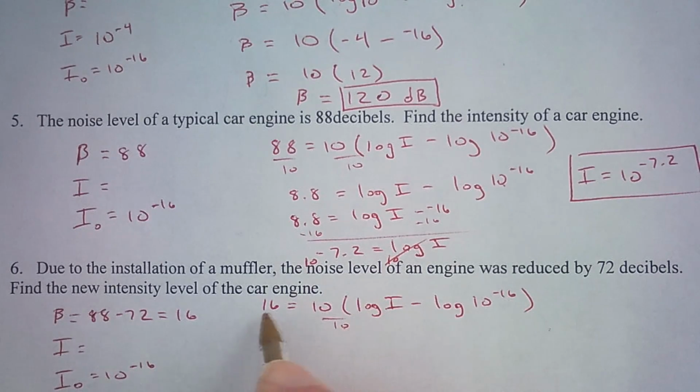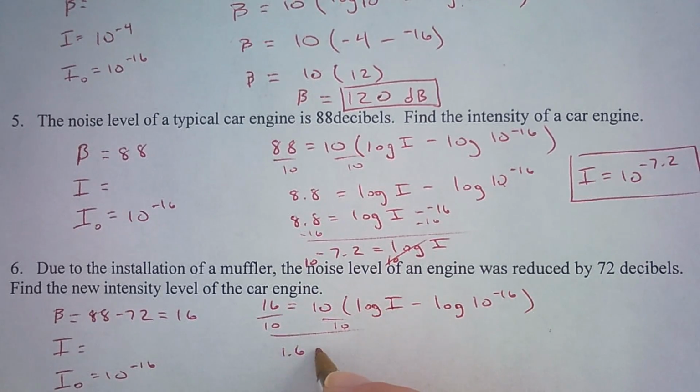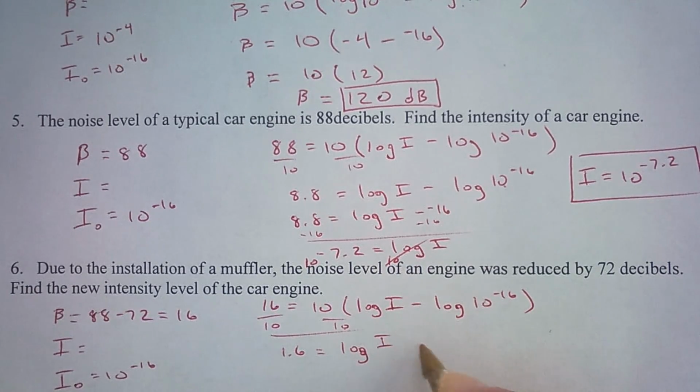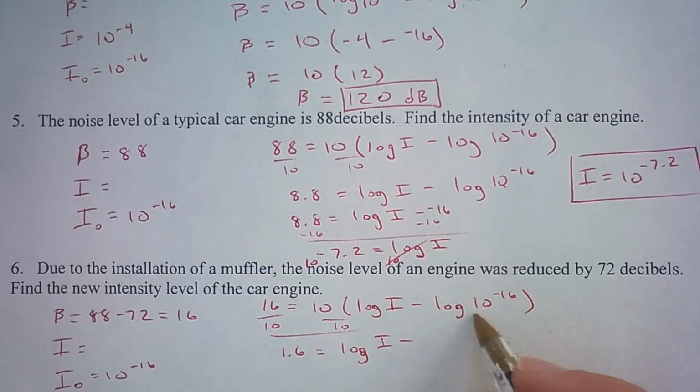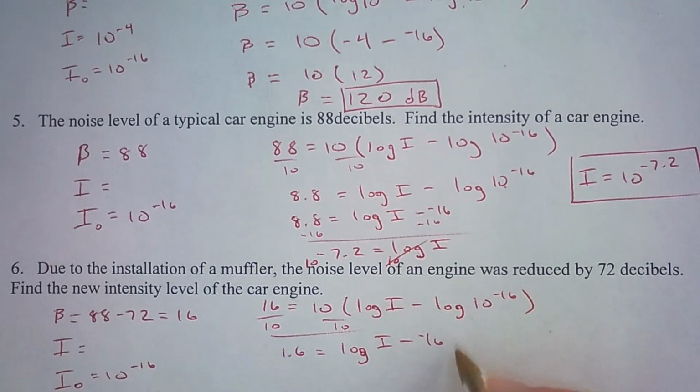Let's divide by 10. 16 divided by 10 is 1.6, which equals log I minus, and we know log base 10 of 10 to the negative 16 is negative 16. So we will subtract 16 from both sides, because that minus negative is plus.